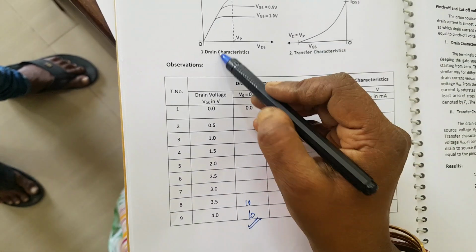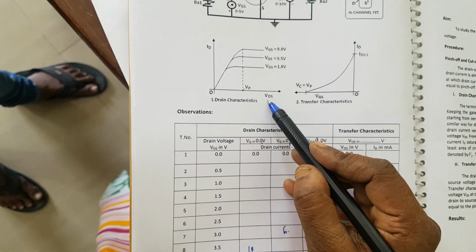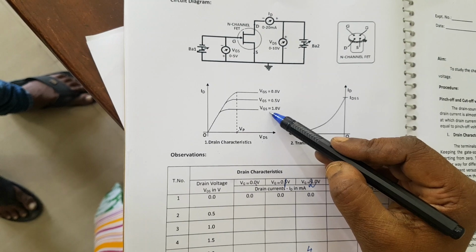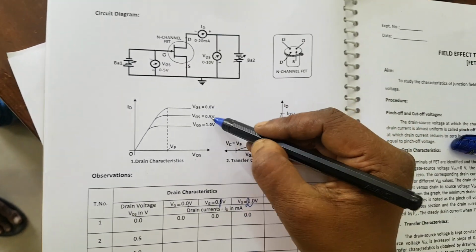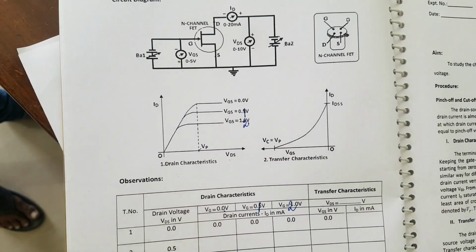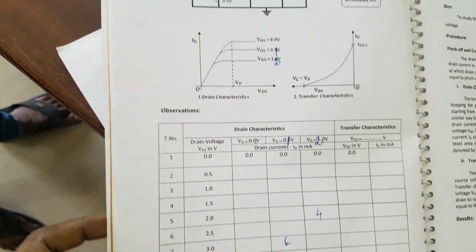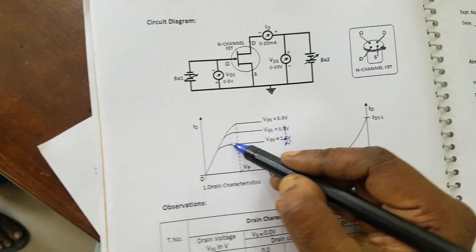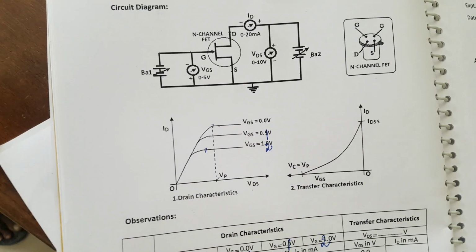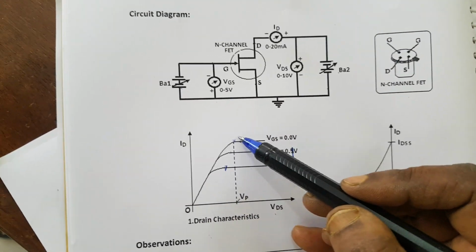So when I draw a graph of VDS versus ID for constant VGS of 0, 1 and 2, I will get a graph like this. In the graph book we'll see. It will become saturated here, here, and here. So these points are shifting.